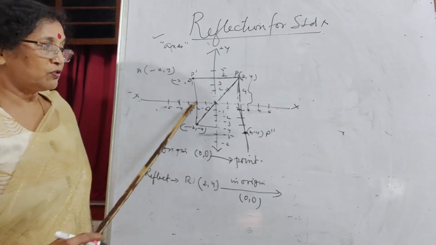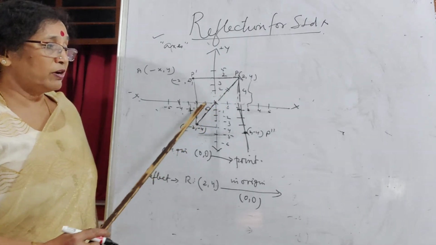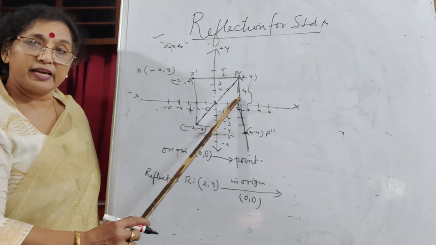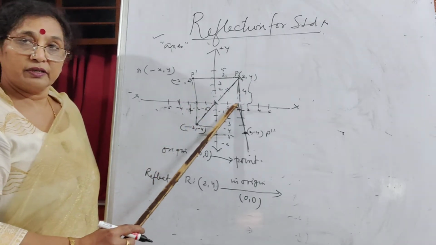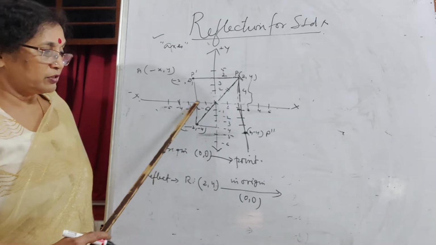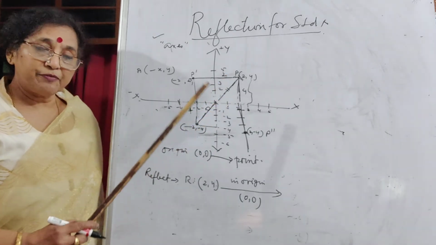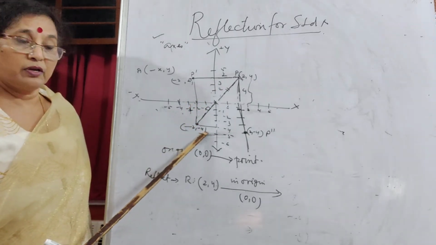For distance, you have to drop a perpendicular. So you make two right angle triangles. So therefore congruent triangles. So this distance has to be equal to this distance. They are congruent sides, okay, equal sides, and this has to be equal to this. So therefore this is 2, this will be 4. So many ways of doing, children. But it is in the fourth quadrant, so it will be minus 2, minus 4.